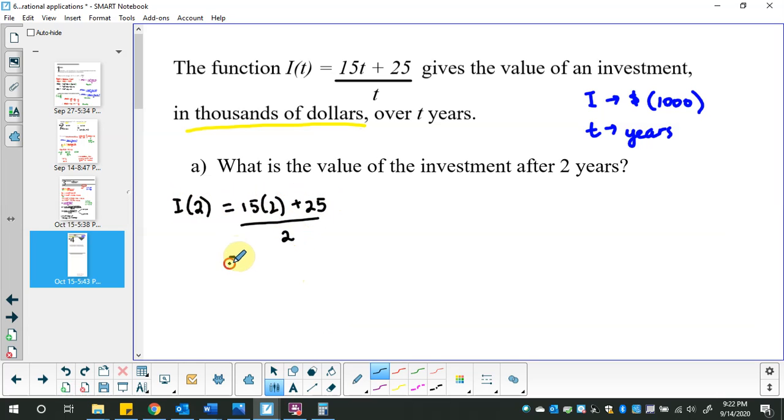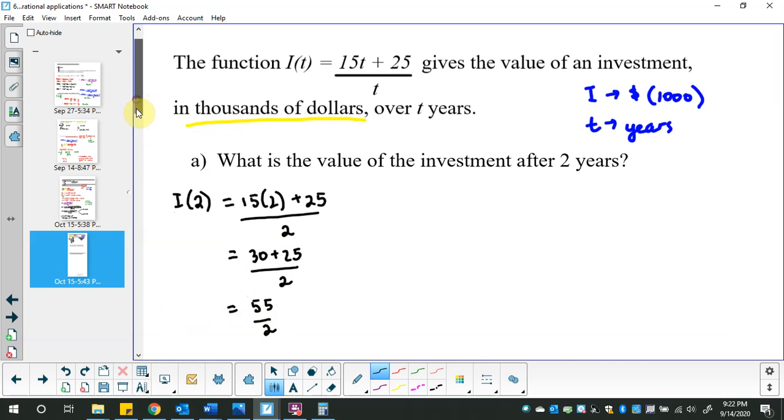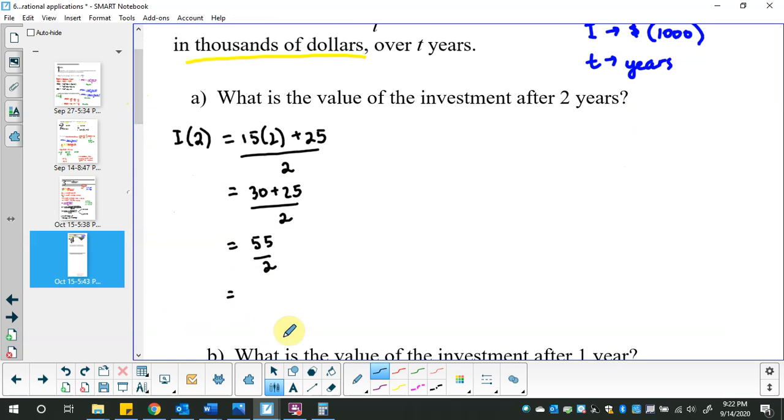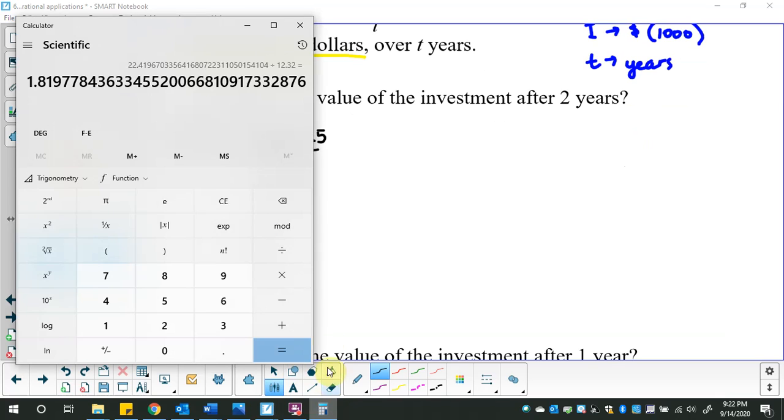So I'm going to show a bit of work. 30 plus 25 over 2, which is 55 over 2. And 55 divided by 2 is, bad day, 55 divided by 2 is 27.5.